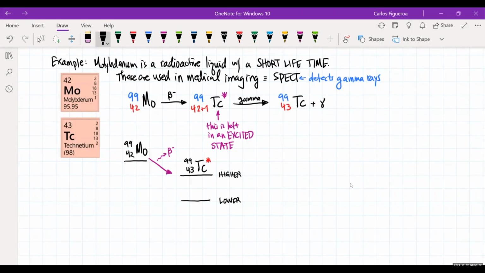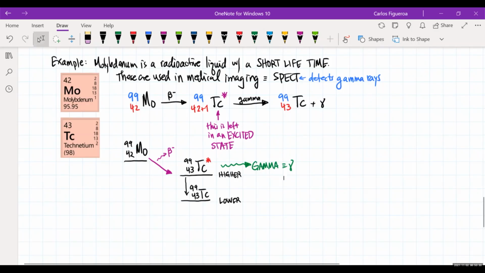So what does it do? It falls, and as it falls, I now have de-excited titanium. And then it emits this very, very high energy gamma.